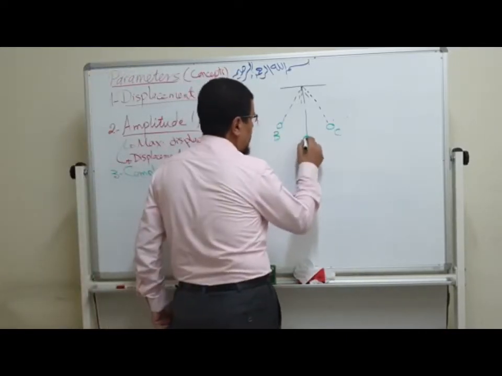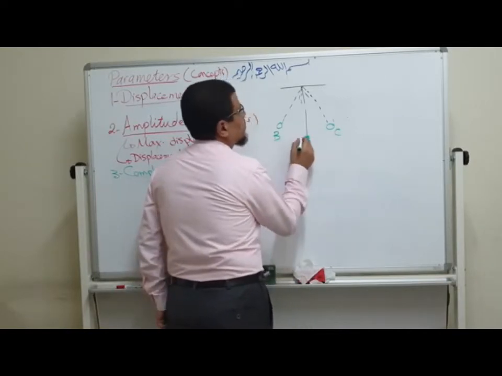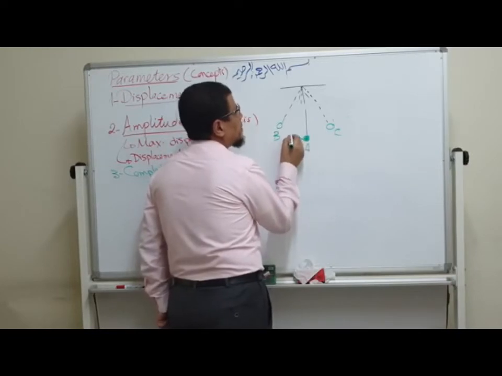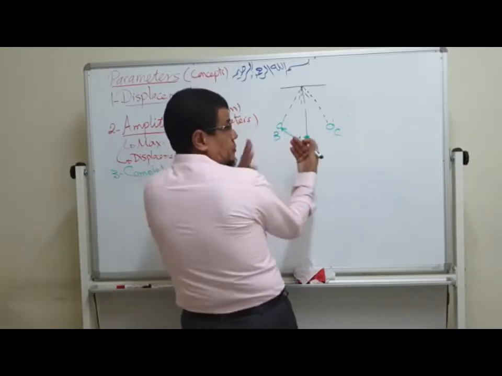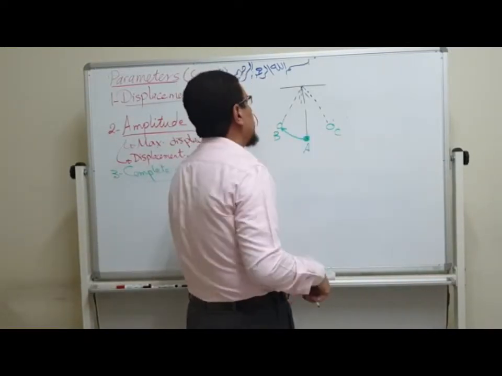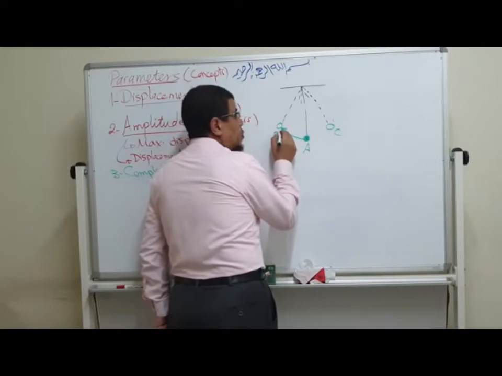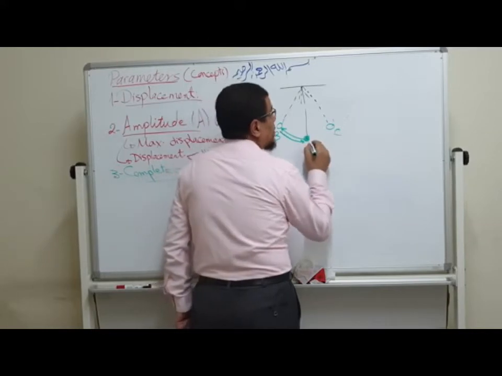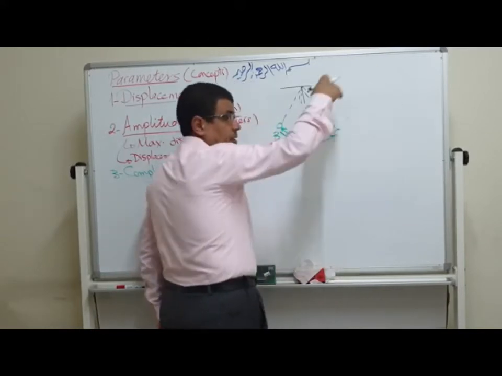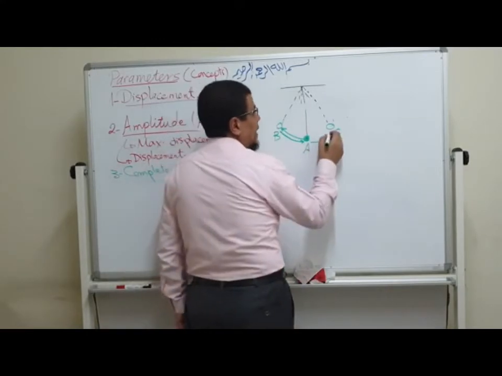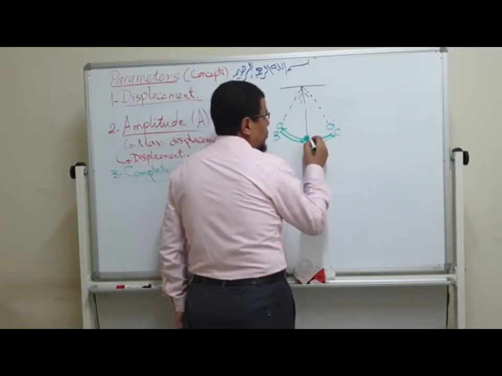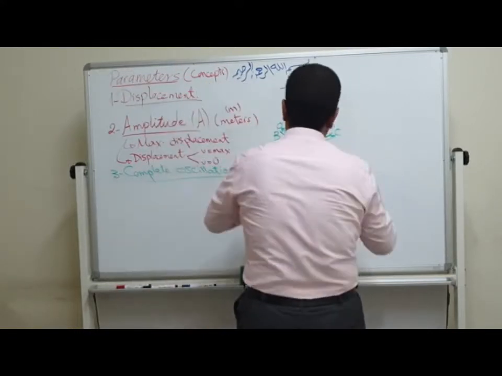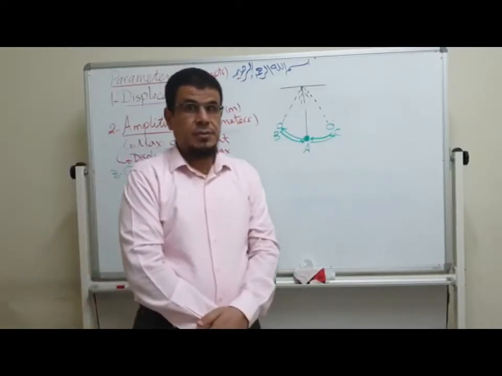Okay, when this bob, or the pendulum, the vibrating object, moves from A to B, in this direction, to the left, please pay attention to this. When it reaches B, it moves back to A. After reaching A, it continues moving to C. After that, it moves to A. So it will pass A to the left. Good. This is the complete oscillation.